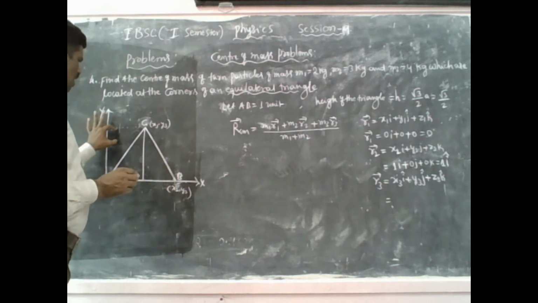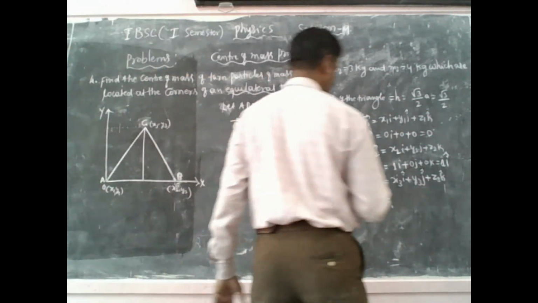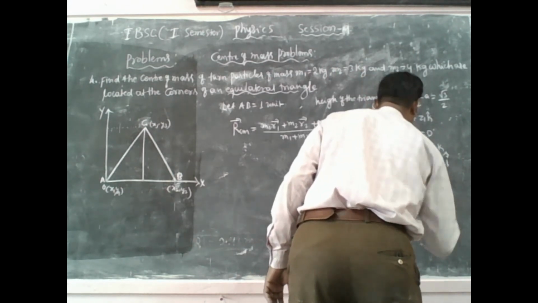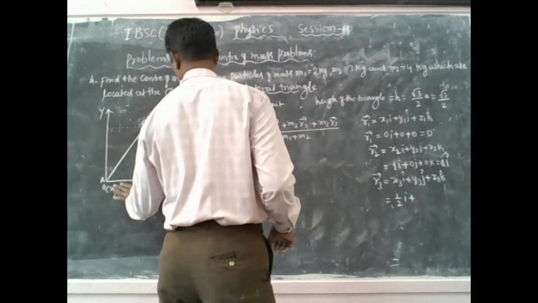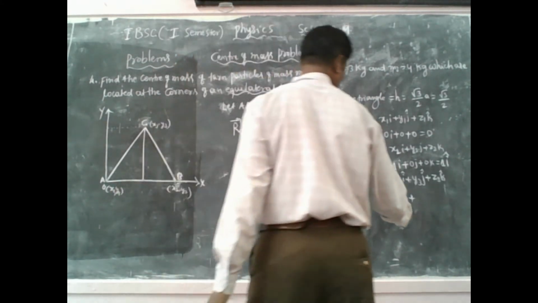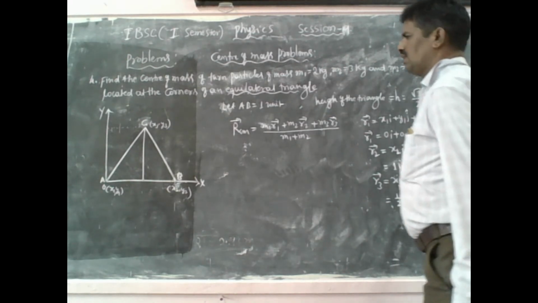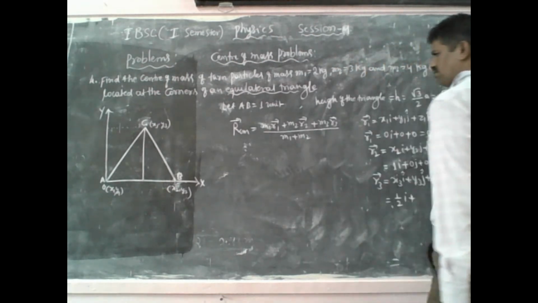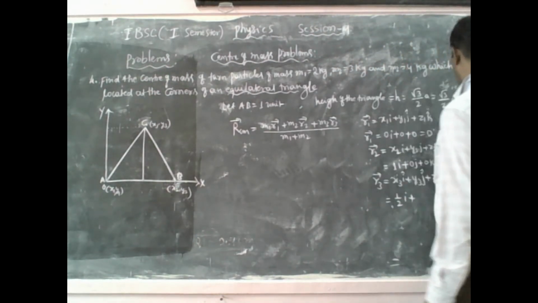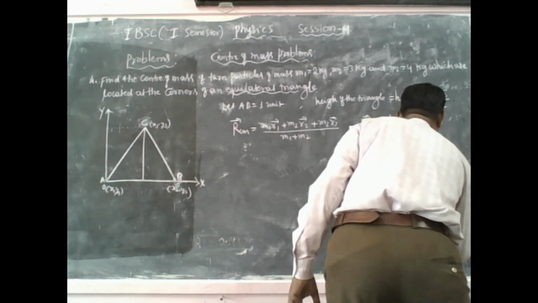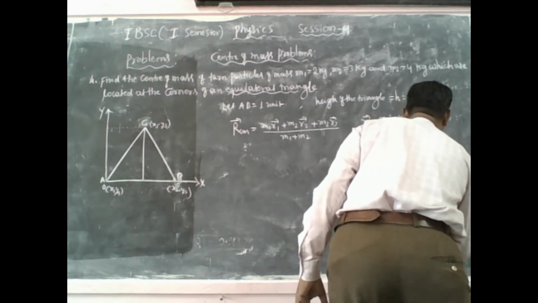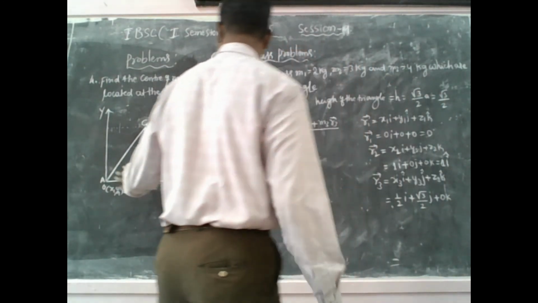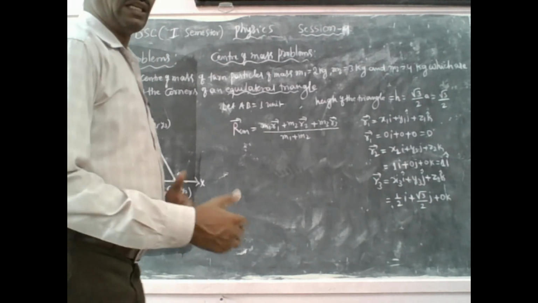So x3 is half i, because in 1 unit there is half. And y3 is at some certain distance, therefore root 3 by 2 j, plus z3 is equal to 0, because the triangle is situated only in the XY plane.